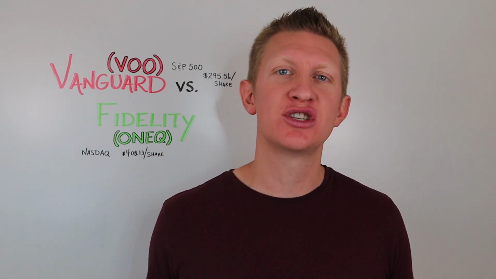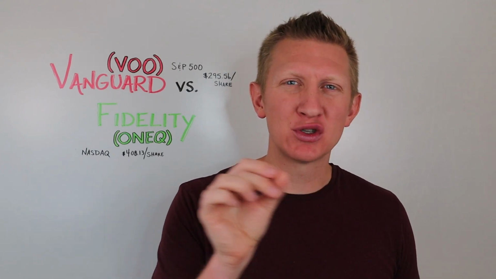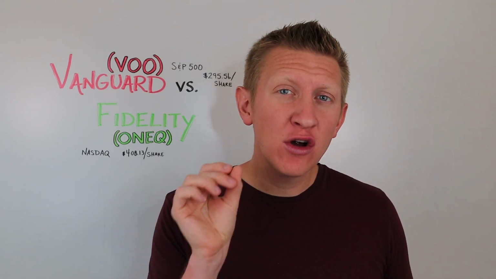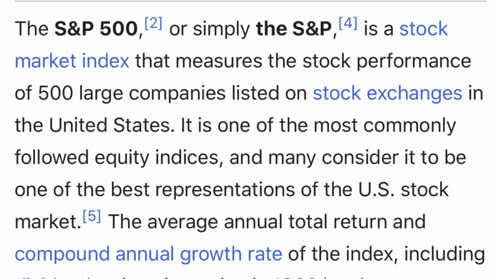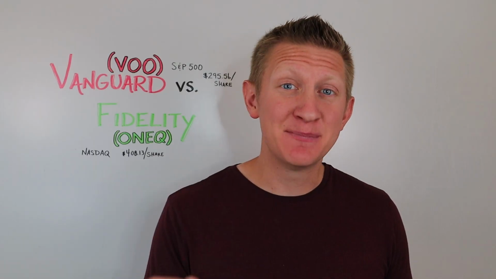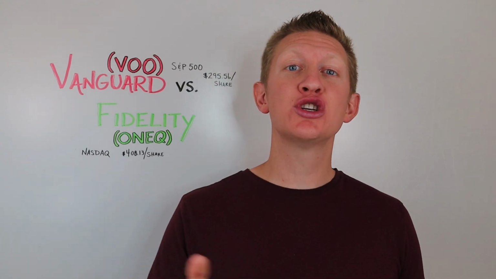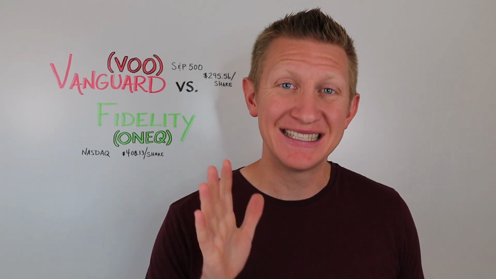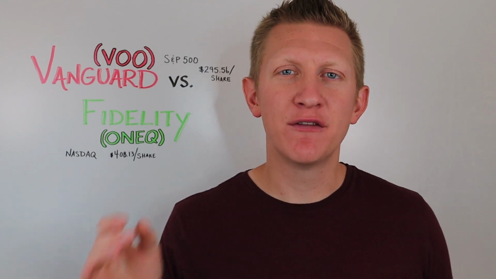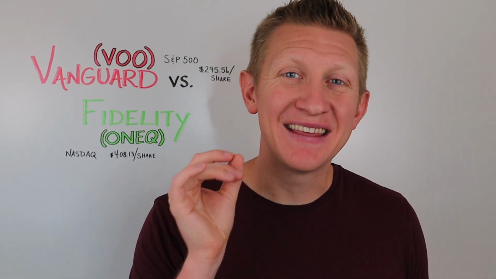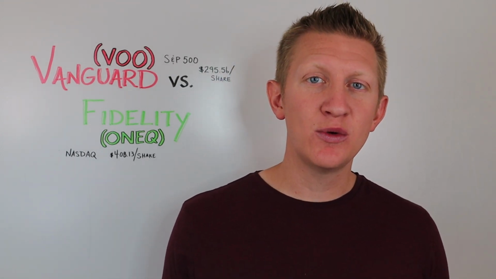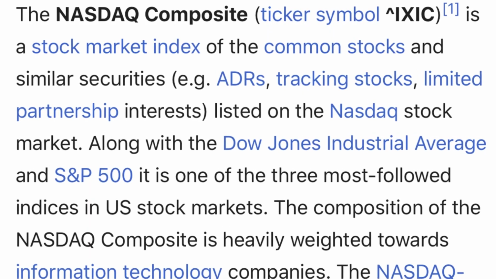And the first thing you want to understand is that it's almost like apples to oranges here, because Vanguard's VOO is an S&P 500 index fund, meaning it is based off of the S&P 500 index, or the 500 largest companies here in the United States, based on the overall value of their shares. Whereas the Fidelity ONEQ is based on the NASDAQ Composite Index.